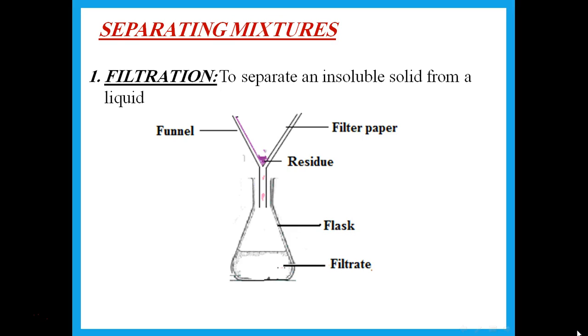The sand will remain in the filter paper that is in the funnel, and the water will go down. Now whatever remains in the filter paper is called residue. So the residue in this case is my sand. The filtrate is whatever goes down into the flask. What goes down into the flask in this case is my water, so my water is the filtrate.